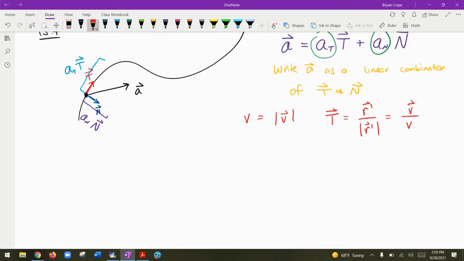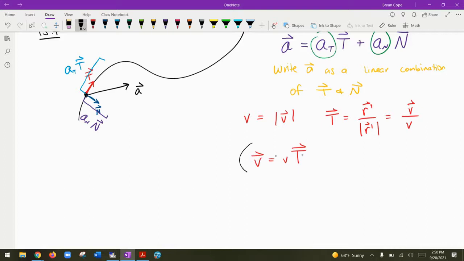That's just speed. I'm going to rearrange that formula so that v is alone: v with a vector hat equals little v without a vector hat times big T. That's where we're going to start from. Any questions on those few steps?